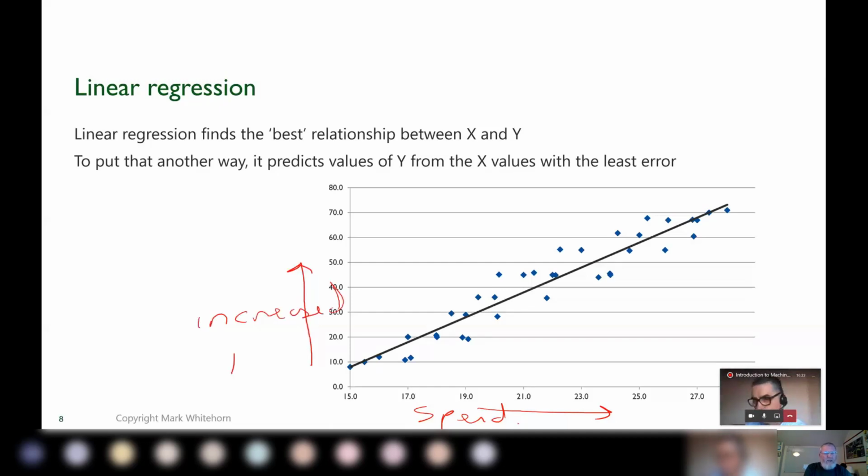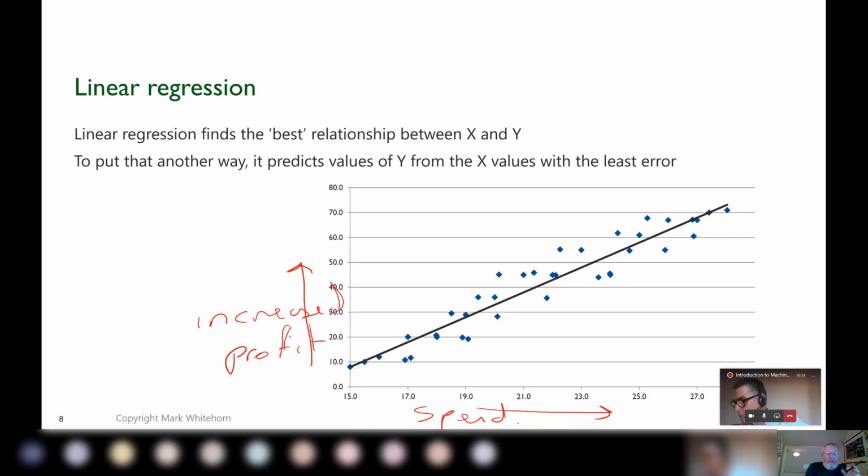Actually, this is just a generalized graph, but linear regression looks at these points and tries to fit this line in the best possible place. To put that slightly more accurately, it's predicting the values of y from the values of x with the least error.